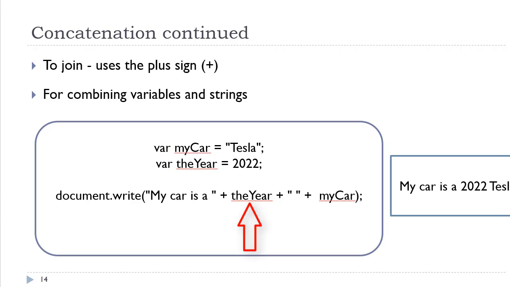Now, we also have to concatenate a blank space between these two variables so that they don't display right next to each other. And how we do that is with an empty string. So you see my double quotes and there's a blank space in between them. So this is an example of using concatenation. Concatenation can be very tricky sometimes.